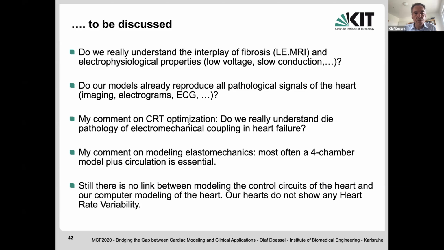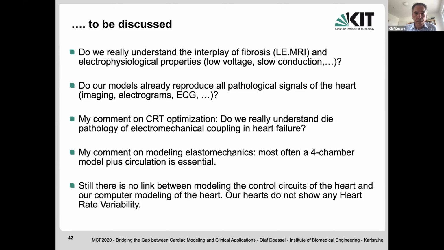My comment on CRT optimization, cardiac resynchronization therapy: I fear that we do not really understand the pathology of the electromechanical coupling during heart failure. So there's again another point where the heart in heart failure has to be described in a slightly different way as compared to what you do today.